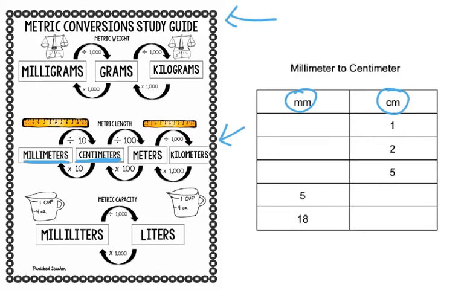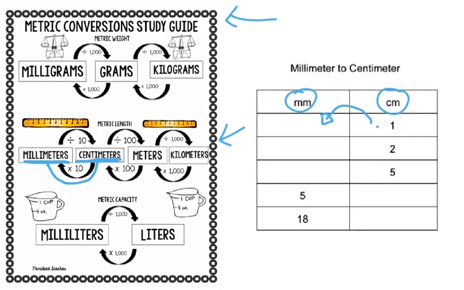Okay, so we have our chart filled in and we know we have 1 centimeter. And then we're going to move and have the unit getting smaller. We're starting at centimeters and we're moving to a smaller unit. And so we need more of them. That's why we need to multiply by 10.